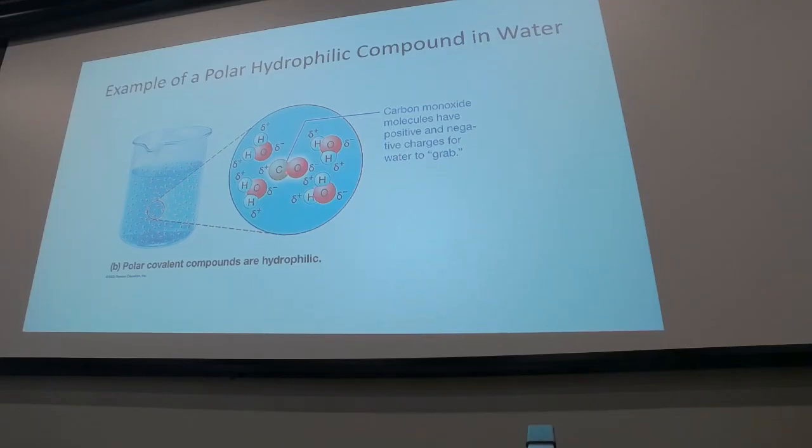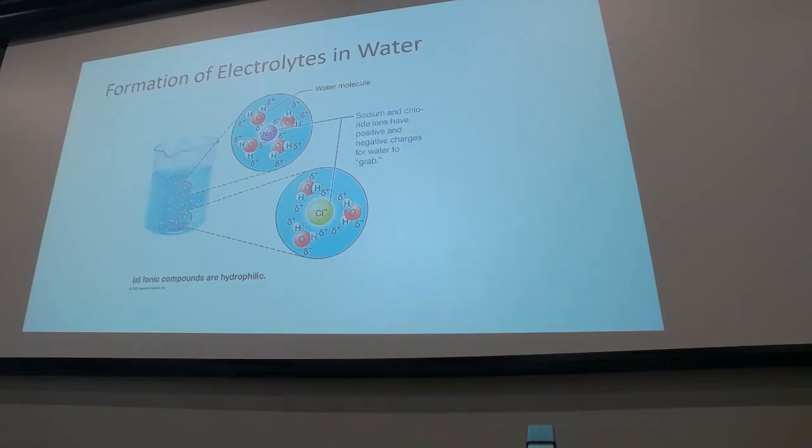And the oxygen of carbon monoxide, which has negative charges, is going to interact, attracting these positive charges from hydrogen. So see how these water molecules can move around so that you can interact with the different molecules. So these are hydrophilic compounds, both CO, which is carbon monoxide, and sodium chloride.